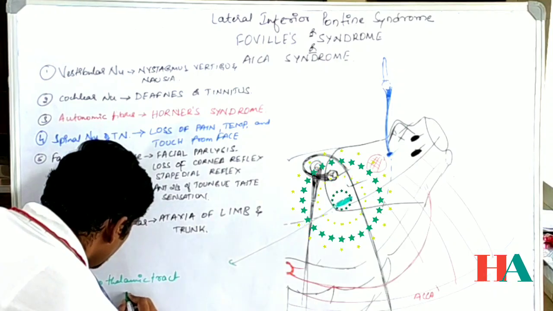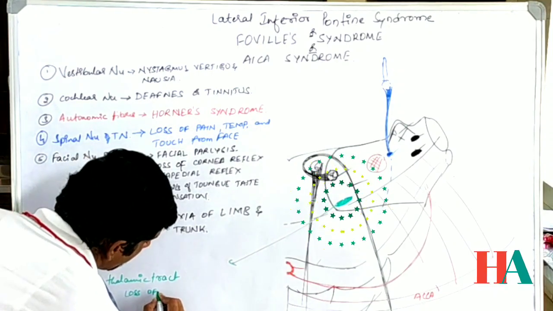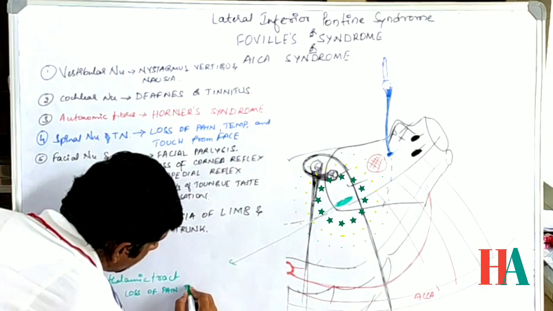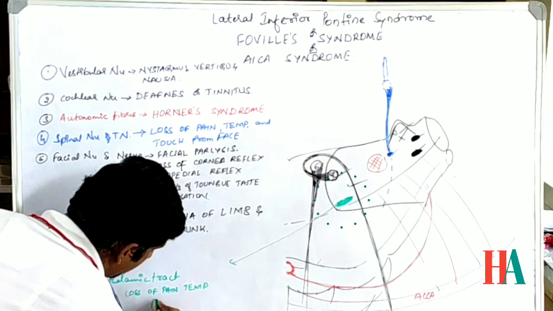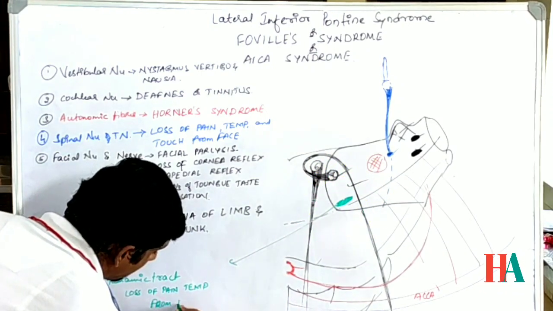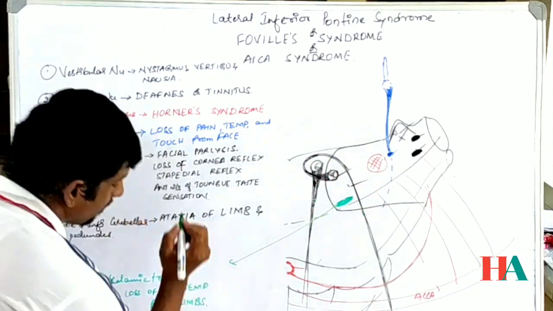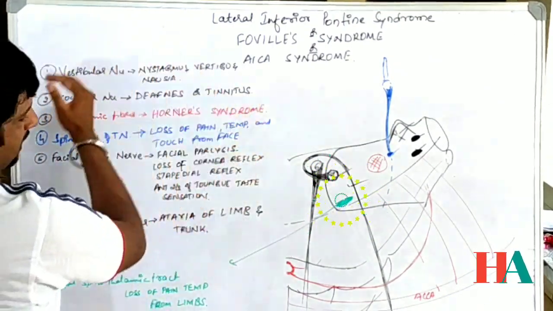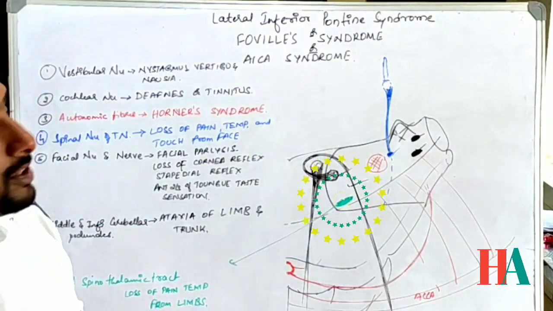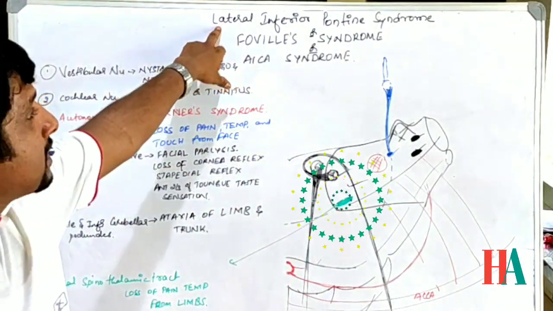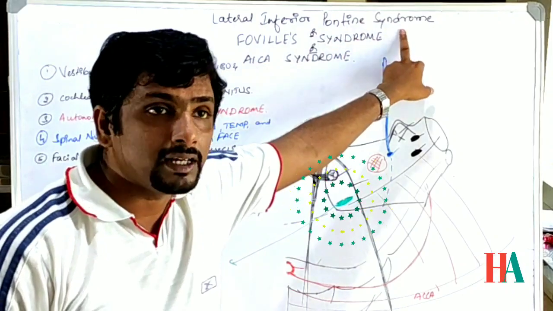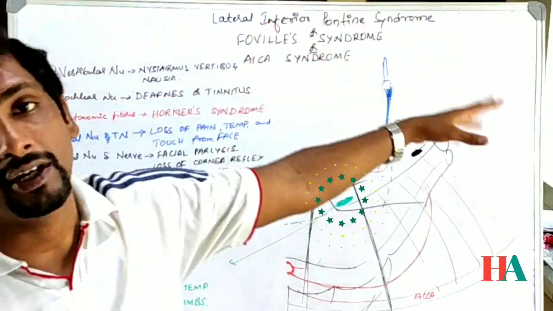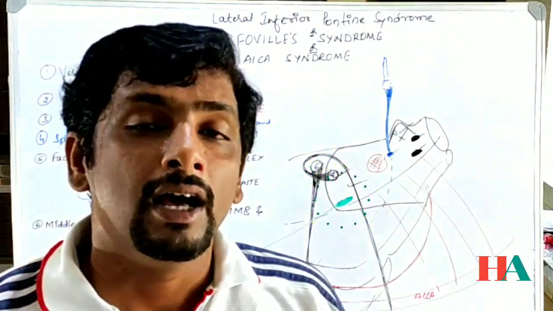Okay, this one is contralateral. All the others are ipsilateral conditions, and this syndrome is called lateral inferior pontine syndrome, or Foville syndrome, or it is also called AICA syndrome.